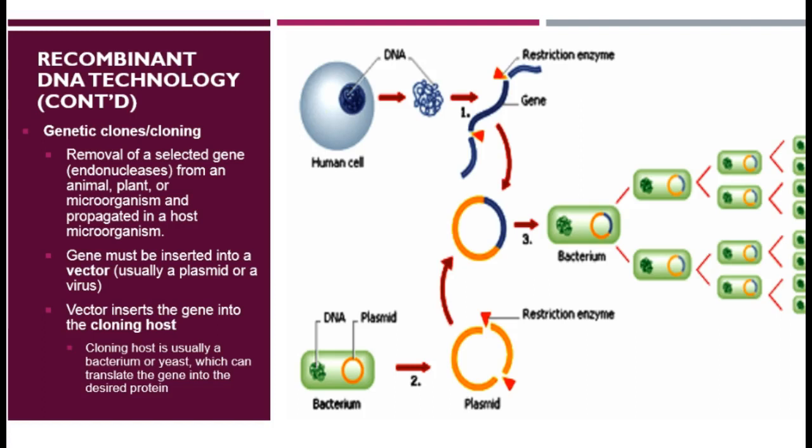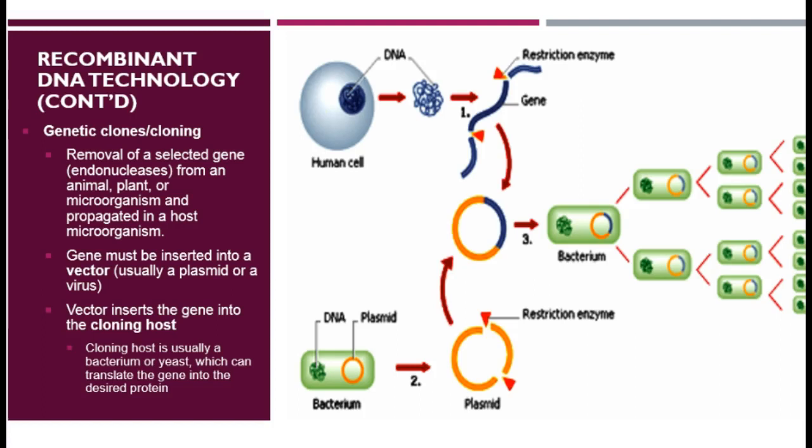The bacterium are typically the vectors. Sometimes we use yeasts because they reproduce quickly. So we're going to get the products from the expression of that gene, so the phenotype, quickly and in large amounts.